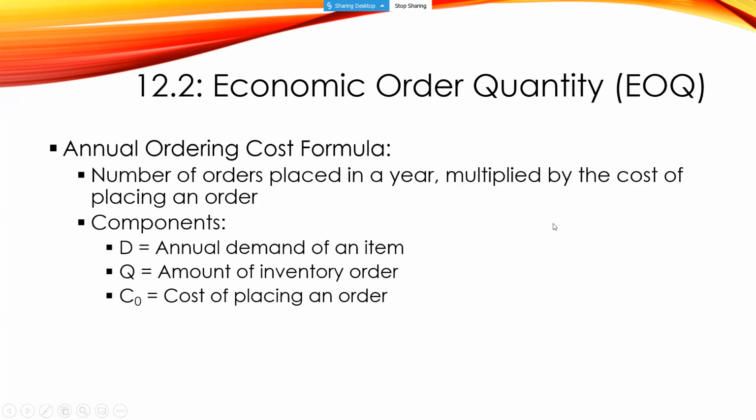So some of the components of the annual ordering cost formula: what that measures is the number of orders that are placed in a year multiplied by the total cost of placing an order.